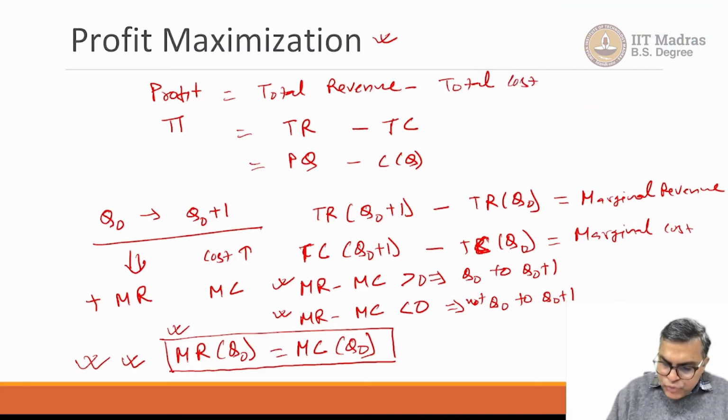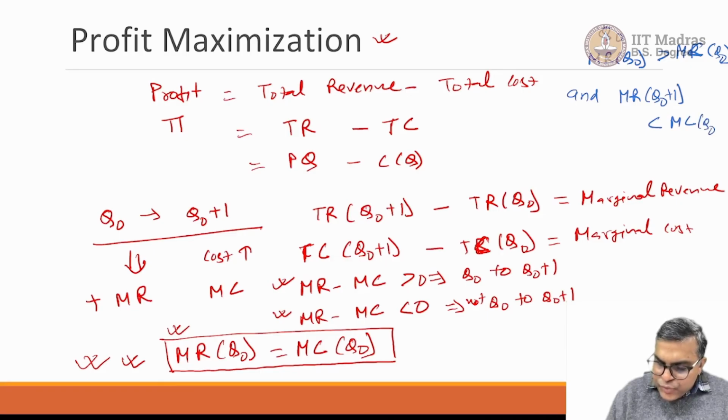So you should produce Q naught when marginal revenue at Q naught is greater than marginal cost at Q naught, and marginal revenue at Q naught plus 1 is less than marginal cost at Q naught plus 1.